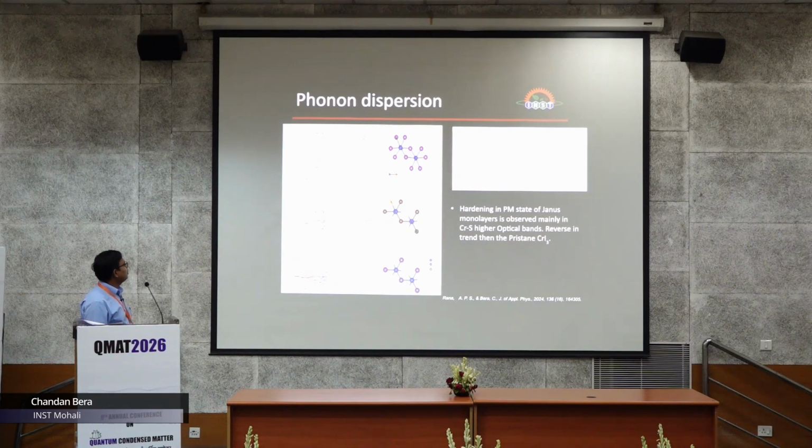For chromium iodide, when we go from non-magnetic or paramagnetic to the ferromagnetic case, the phonon modes become hardened. But in the other case, for the Janus structures, when we go from the non-magnetic or paramagnetic to the magnetic case, the phonon modes become soft. So the magnetic Janus structures and the parent structures have different properties.